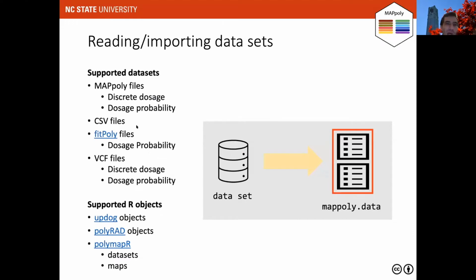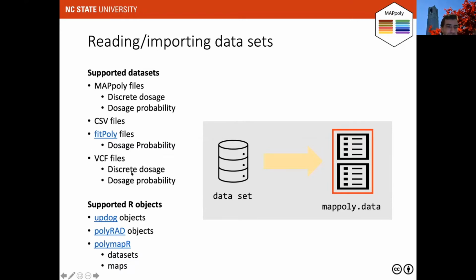We have some types of data that we can import in MAPpoly. There are two types of files that have a very specific format, and everything is explained in a tutorial that I will show you in a minute. You also have CSV files with a specific format. You can import data directly into MAPpoly with dosage probabilities.